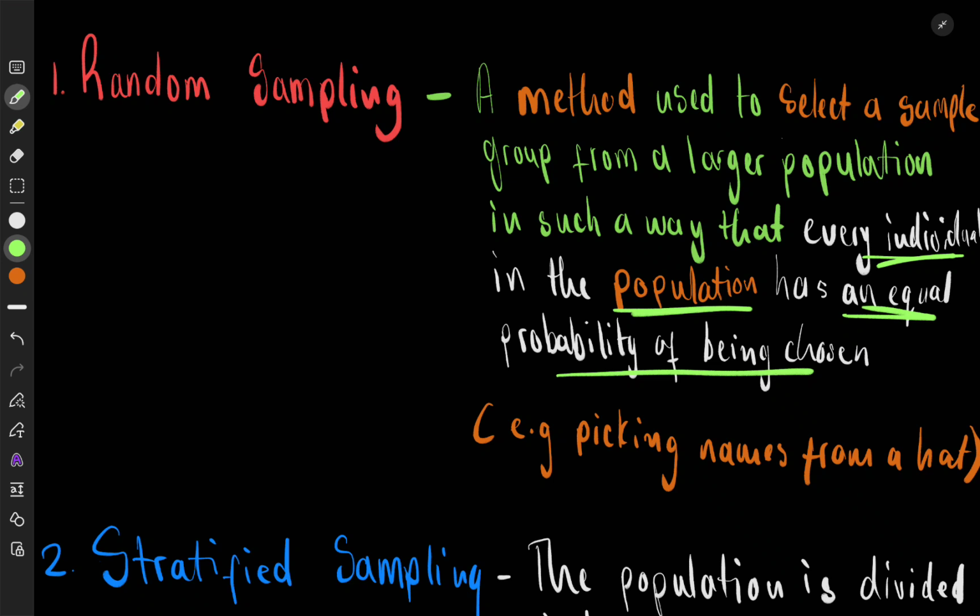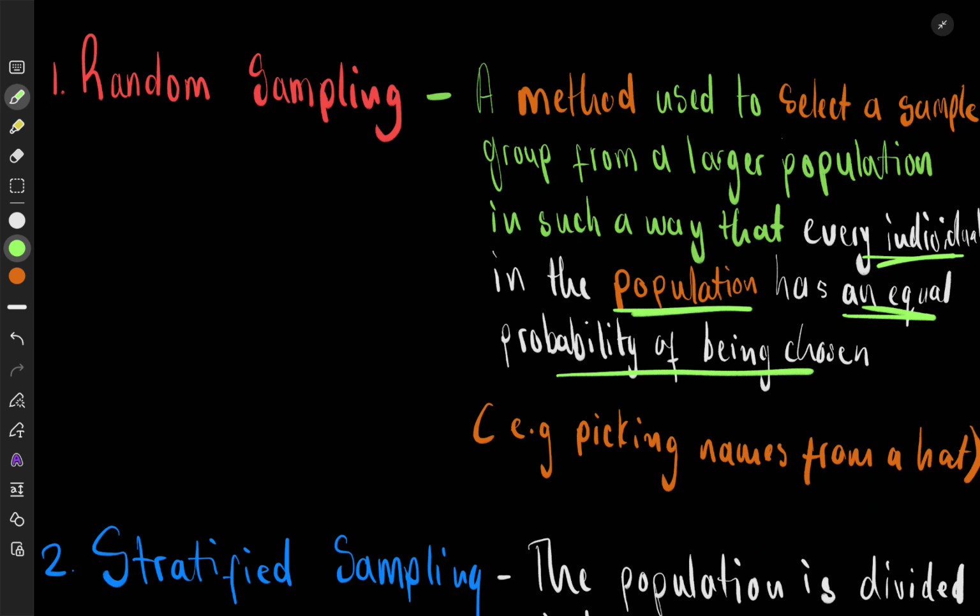It's a method of selecting a group from a population in which every individual or every item in the population has an equal probability or an equal chance of being chosen. Every item in the population has an equal chance of being chosen.